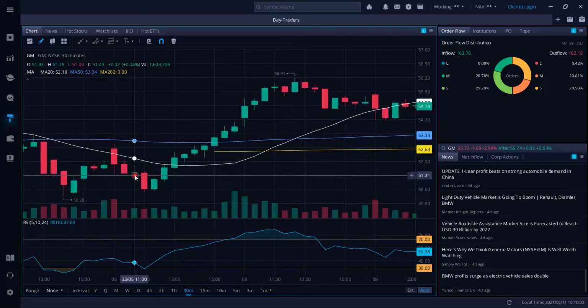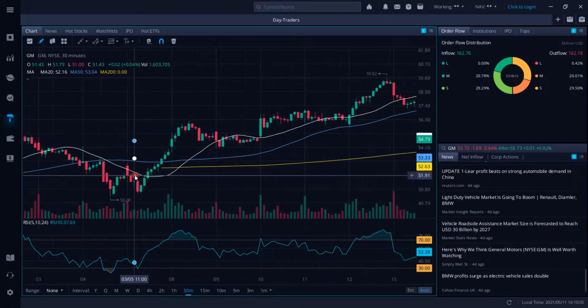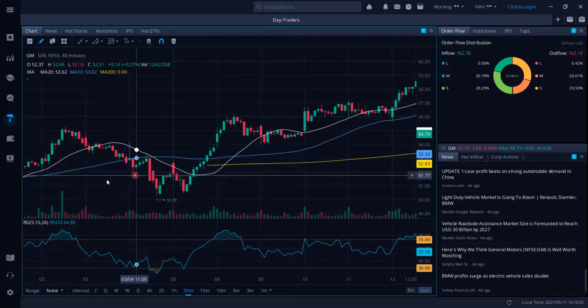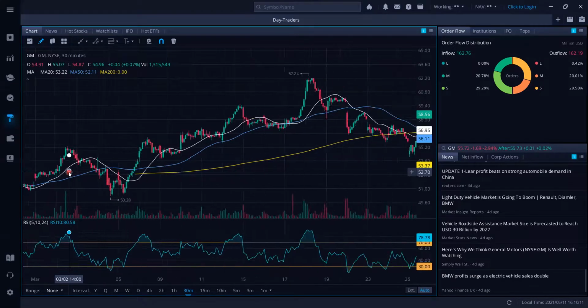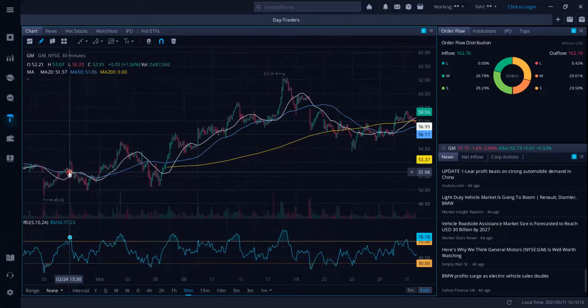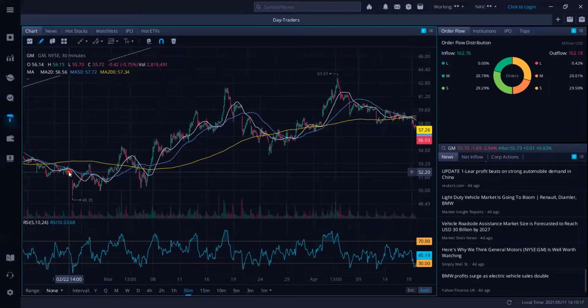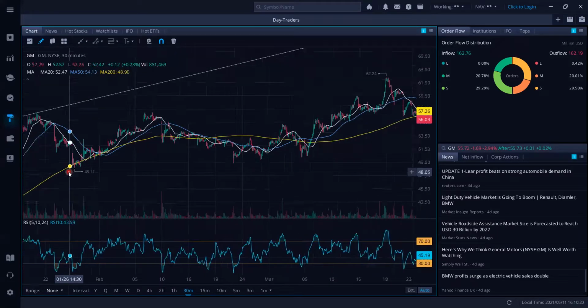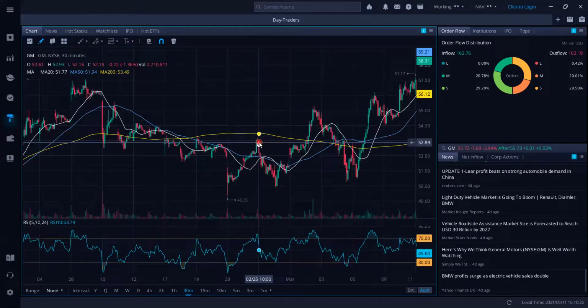Well, the thing here is, let's see what happened before this. That's the first thing we want to see. So let's zoom out, and what we can see is we were already on an upward trend, already moving to the upside.